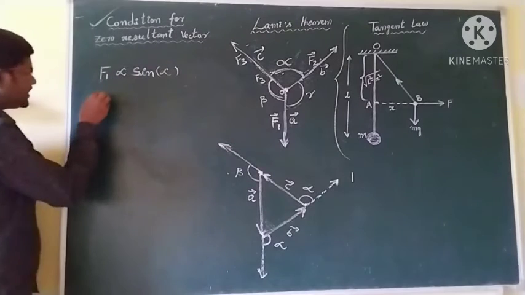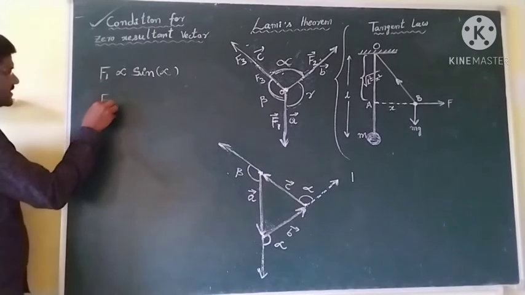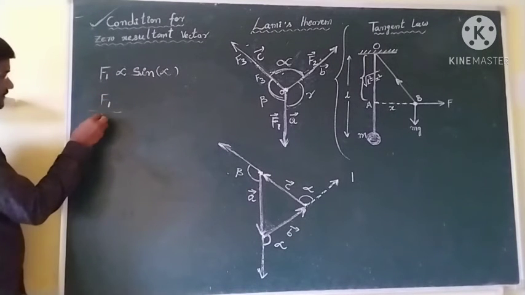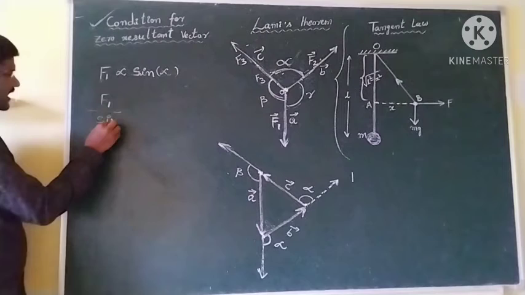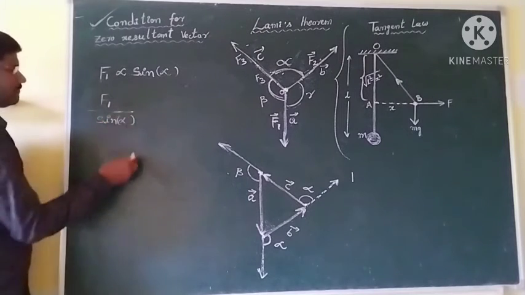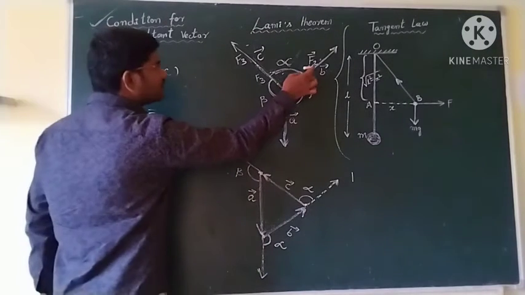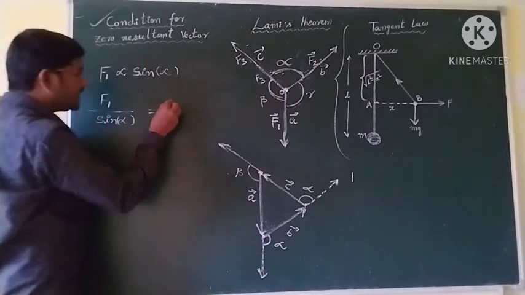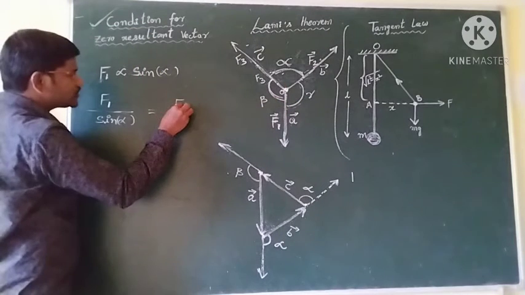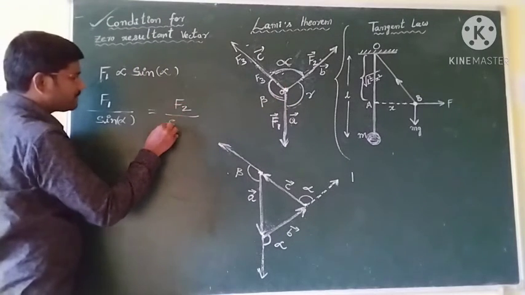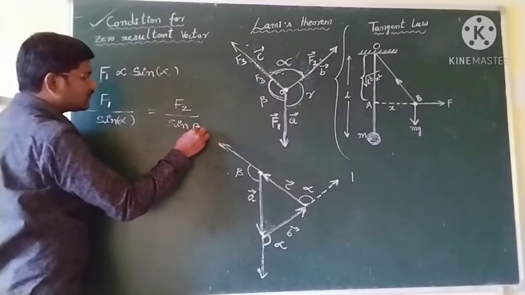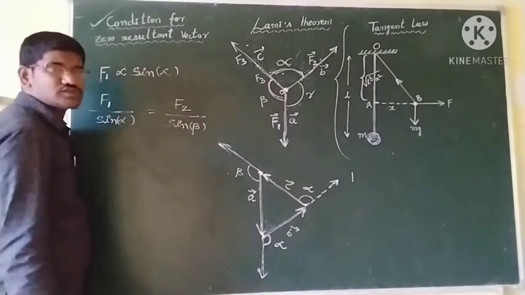And if you write its ratio, F1 by sine alpha is a constant. Similarly you will get F2 is directly proportional to sine beta, and if you write its ratio, F2 by sine beta is equal to a constant.